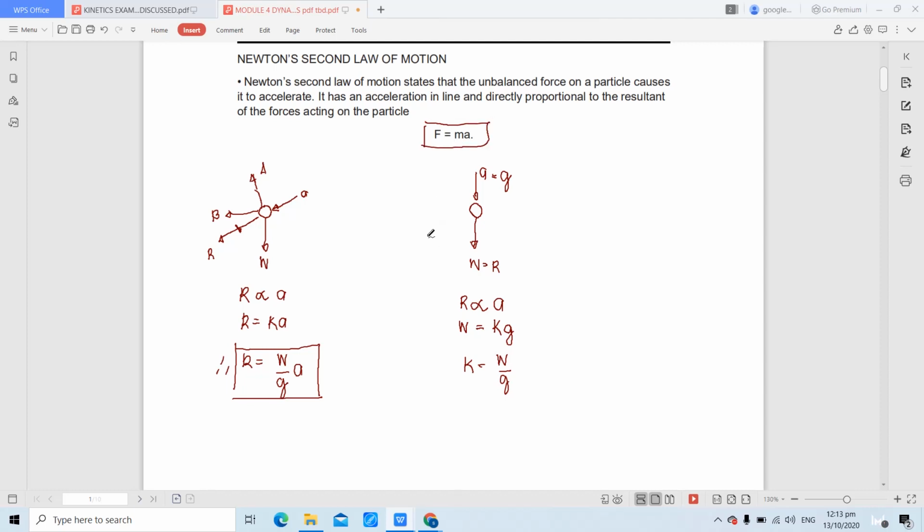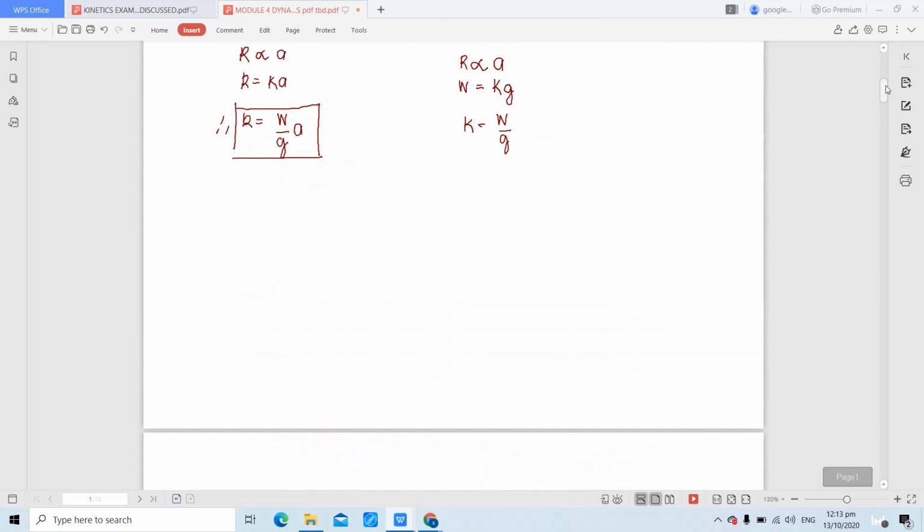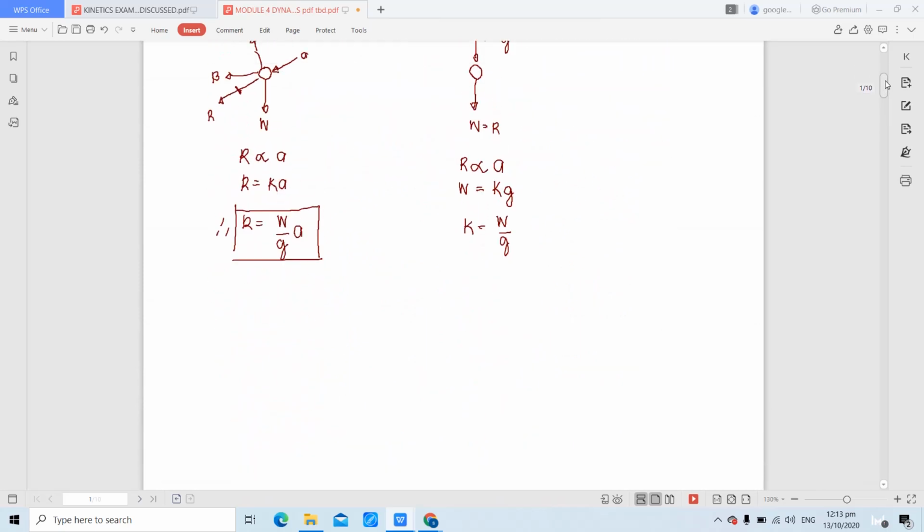And then, by virtue of the third law of motion ni Newton, ang sabi doon kay third law, law of action and reaction. For every action force acting on a body or particle, there is an equivalent reaction force. So kung i-consider natin formula ito, for every action force which is the resultant or the effective force on the particle, there is an equivalent reaction which is the reverse effective force or the inertia force.